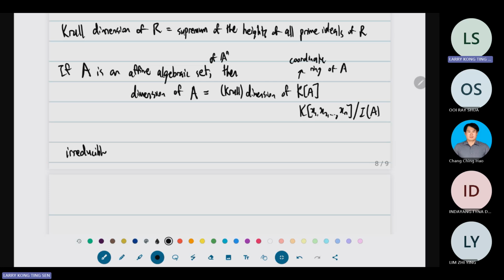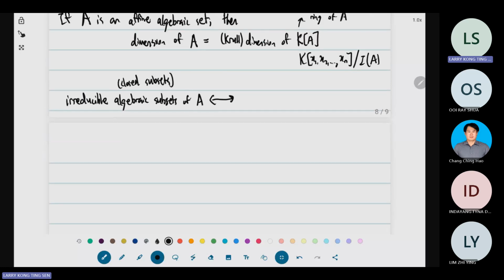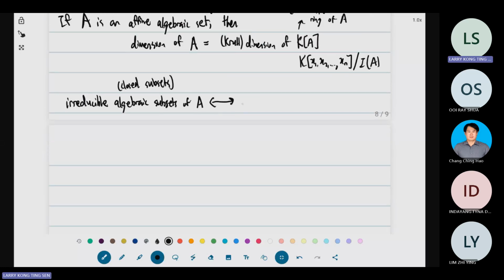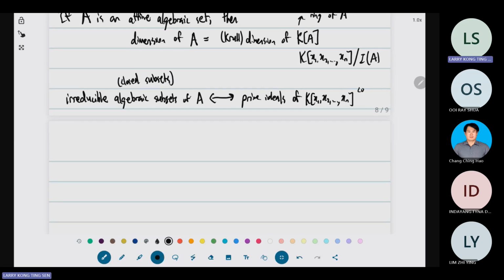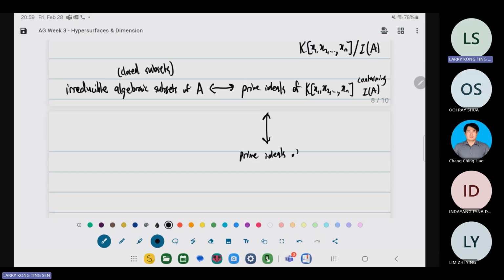We consider the irreducible algebraic subsets of A, that is, the irreducible closed subsets of A. By the Nullstellensatz, these correspond to the prime ideals of the polynomial ring containing the ideal of A. And this in turn corresponds to the prime ideals of K[A] itself.